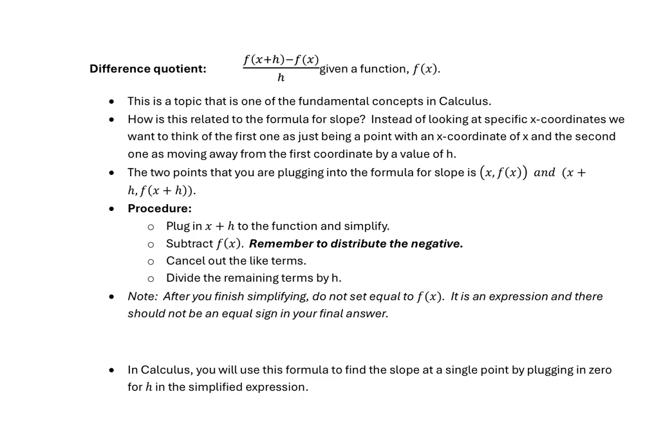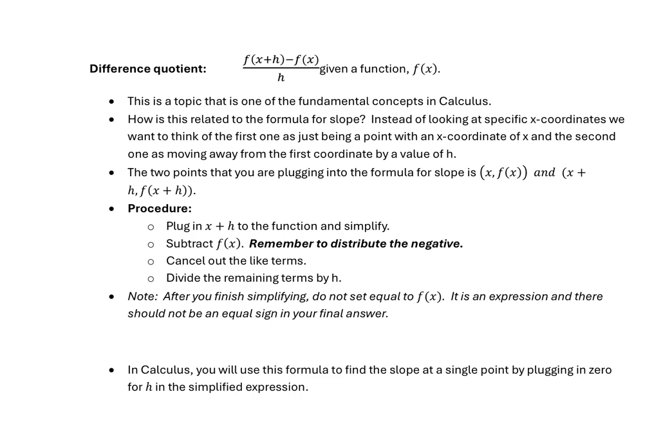What we're going to do is, instead of looking at specific x coordinates, we want to think of the first point as just being a point with an x coordinate of x. The second point is going to be moving away from the first coordinate by a value of h.